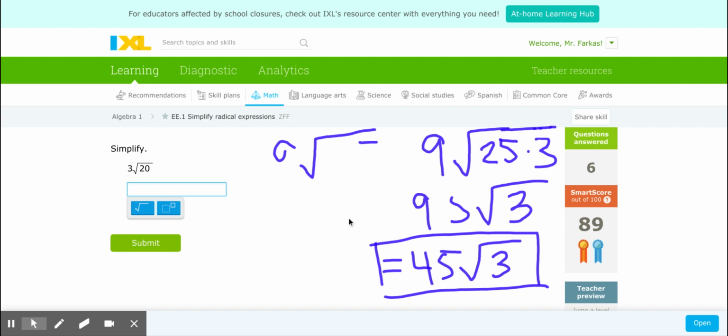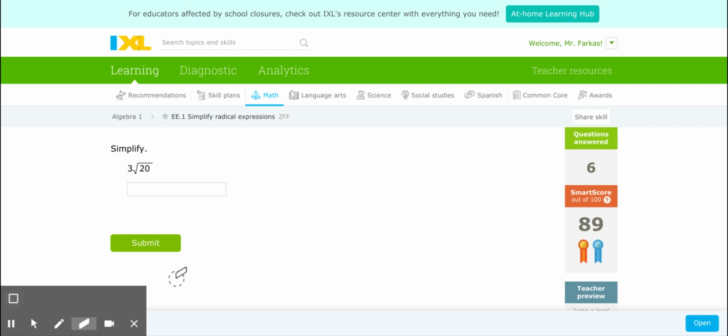All right. This is very similar to our last one, so hopefully you are prepared. Try this one on your own. I'm just going to give you the answer. So see if you can explain to someone why the answer would be 6 square root of 5.